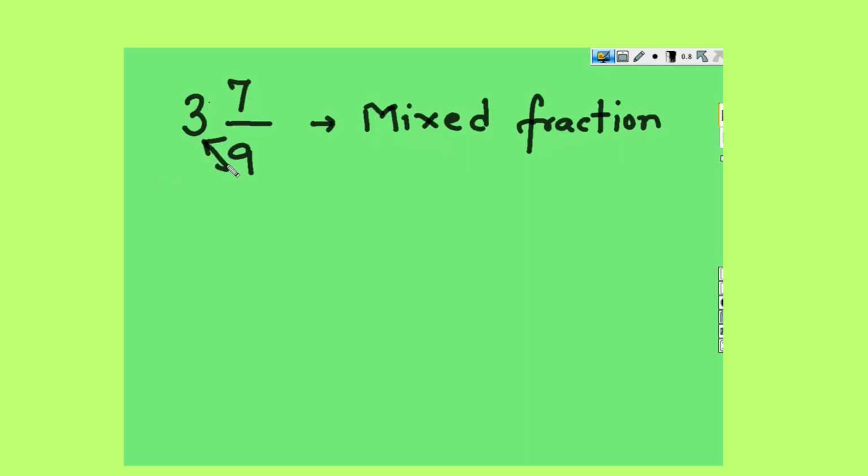multiply the integral part with the denominator. That means 9 into 3 plus the numerator, whole divided by 9.